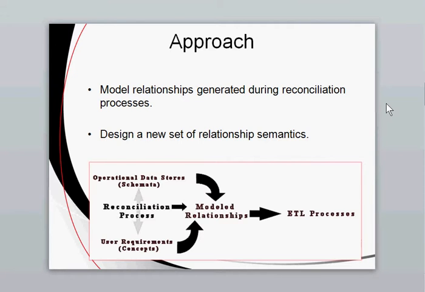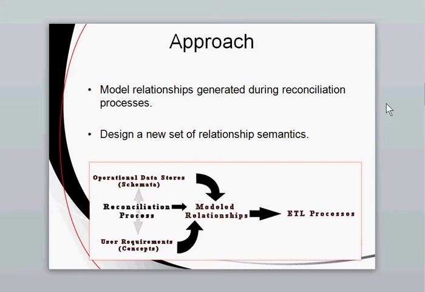The diagram here illustrates where that modeled relationship appears in the process. The reconciliation process generates information. The operational data stores, particularly the schemata of those stores, and the user requirements, also referred to as concepts, generate information. Those three information sources generate the model.